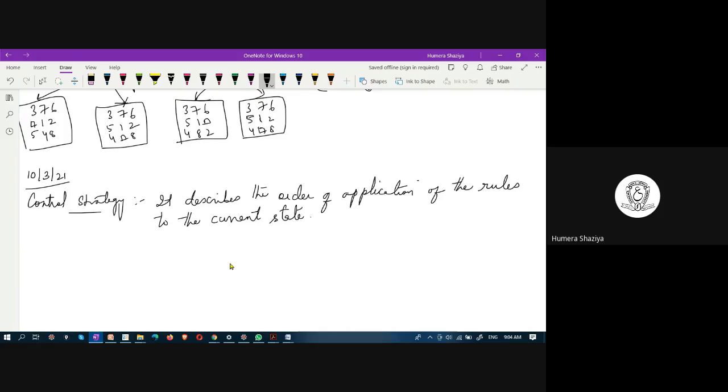And what is the use of this control strategy? The use of this is that there is a movement from one step to another step, or from one state to another state.